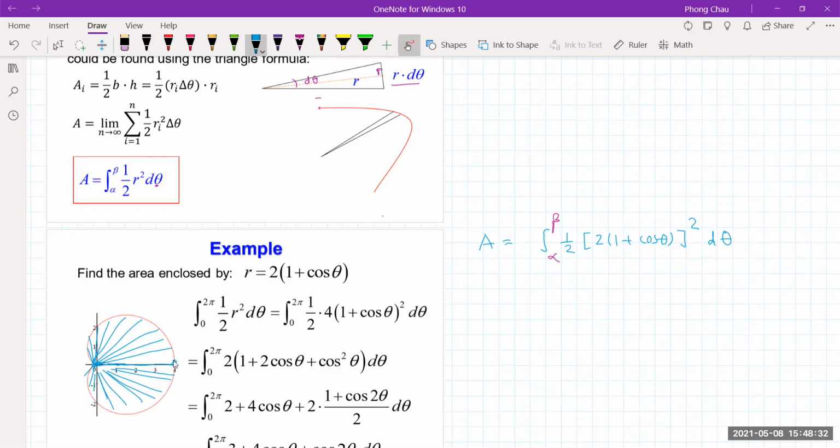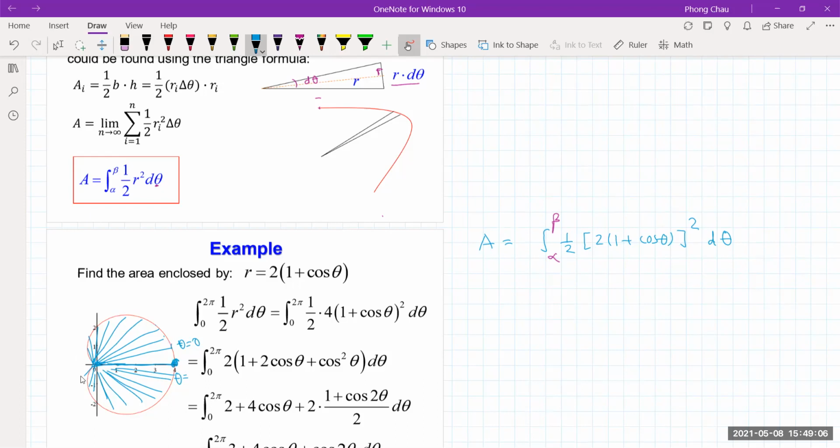Now think about this. If you start at this point, and when you complete and come back to here, my question is the very first point when I start, what is the angle theta? And when you come back to here, what is that final theta angle there? Because I'm starting at the origin here, on the x-axis, the starting theta will definitely be 0.